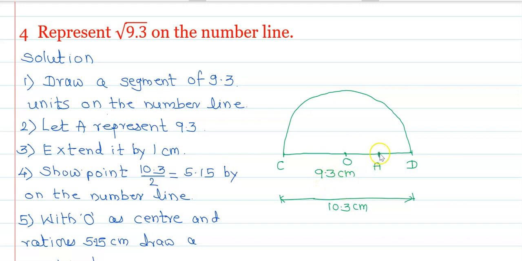Next, draw the perpendicular through this point, which is point A, and it intersects this semicircle at the point B, and therefore this AB is nothing but 9.3 centimeter, or it is a 9.3 unit.